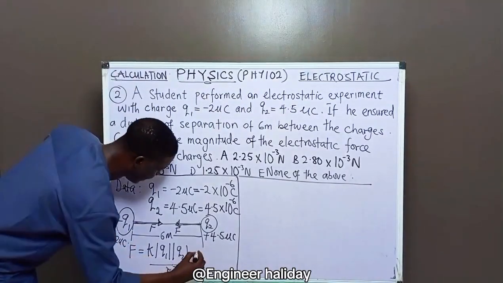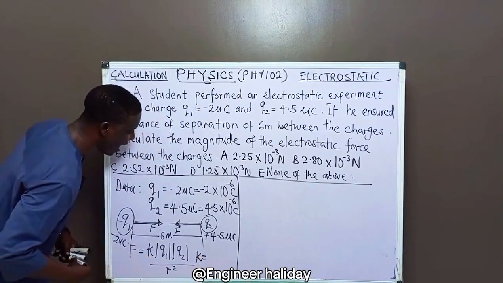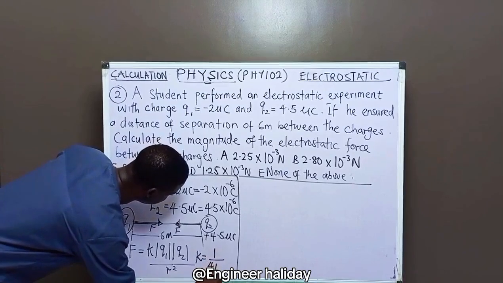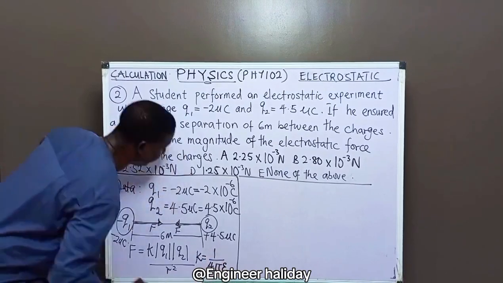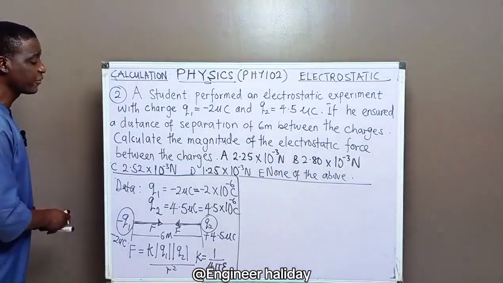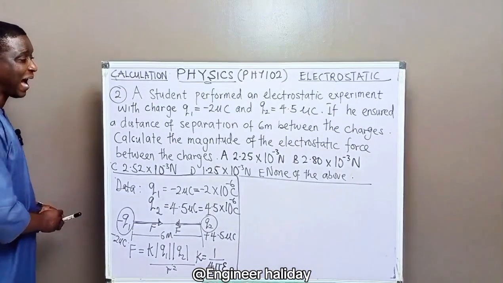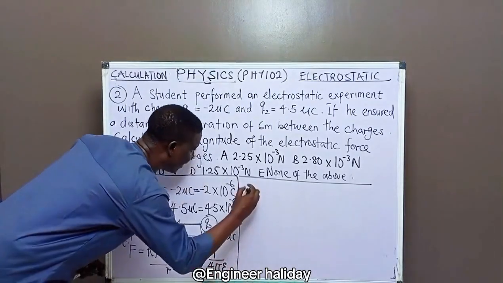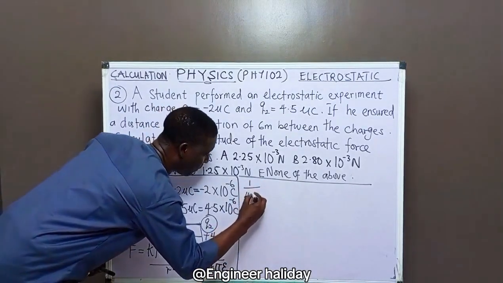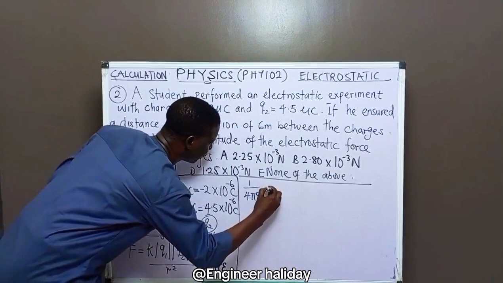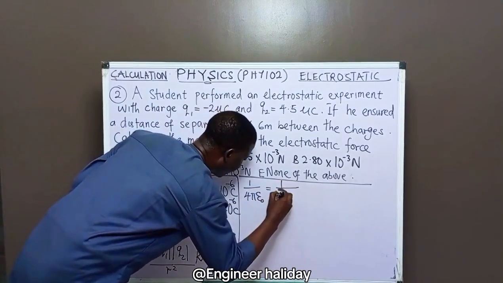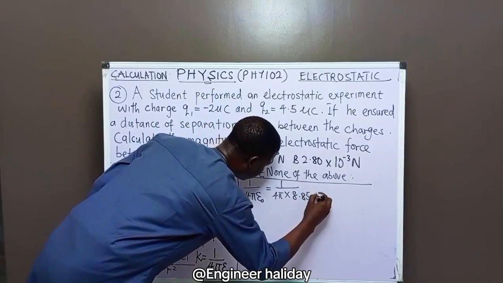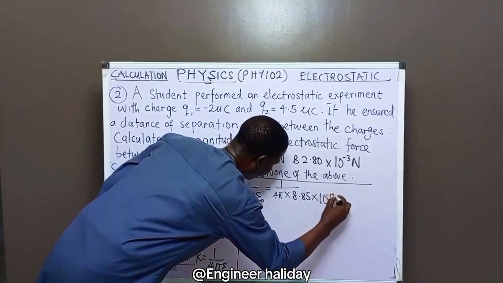So we are going to say they obey Newton's third law of motion, and the force is defined with K. K is equal to 1 over 4 pi permittivity. Now what we need to know is that 1 over 4 pi permittivity is equal to 1 over 4 pi times 8.85 times 10 raised to the power minus 12.